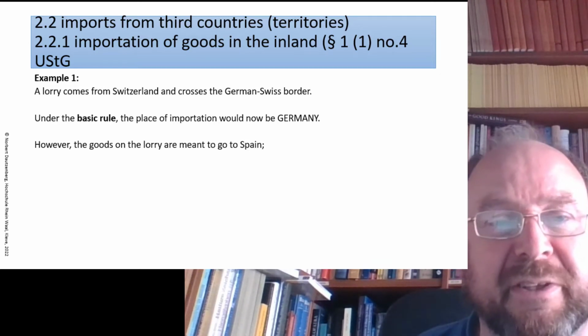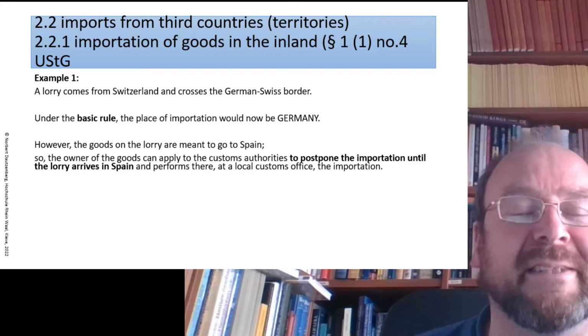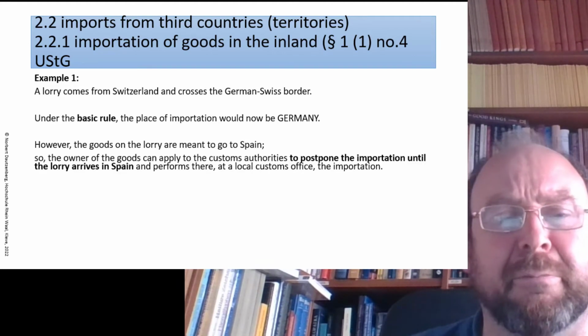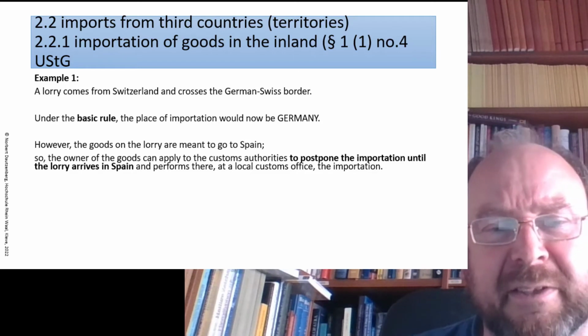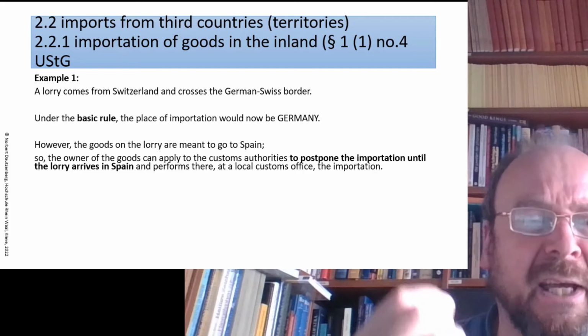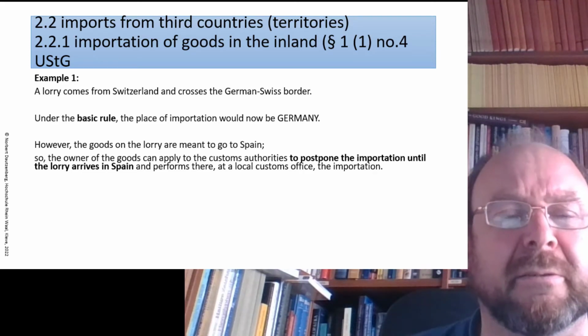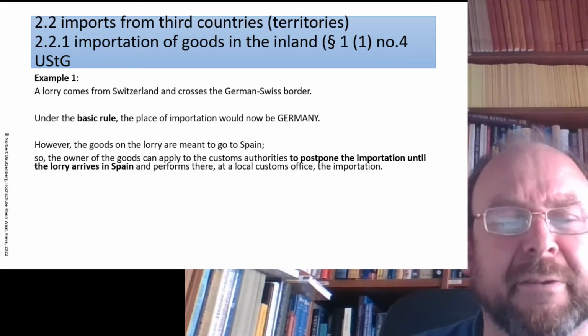However, imagine these goods now are meant to go to Spain and the lorry driver has now no interest in paying German importation VAT, later claim it back as input tax, then go to Spain, sell the goods there, probably fill out documents there again.